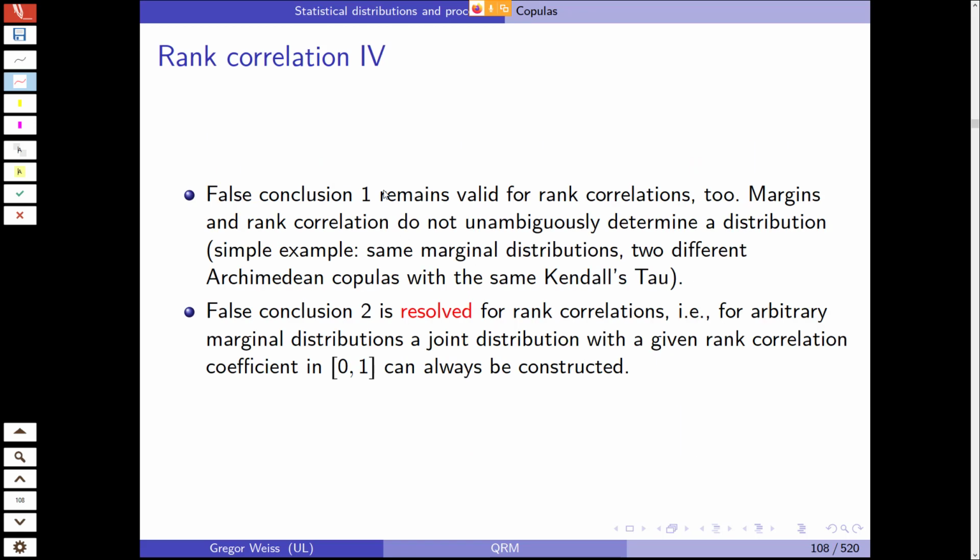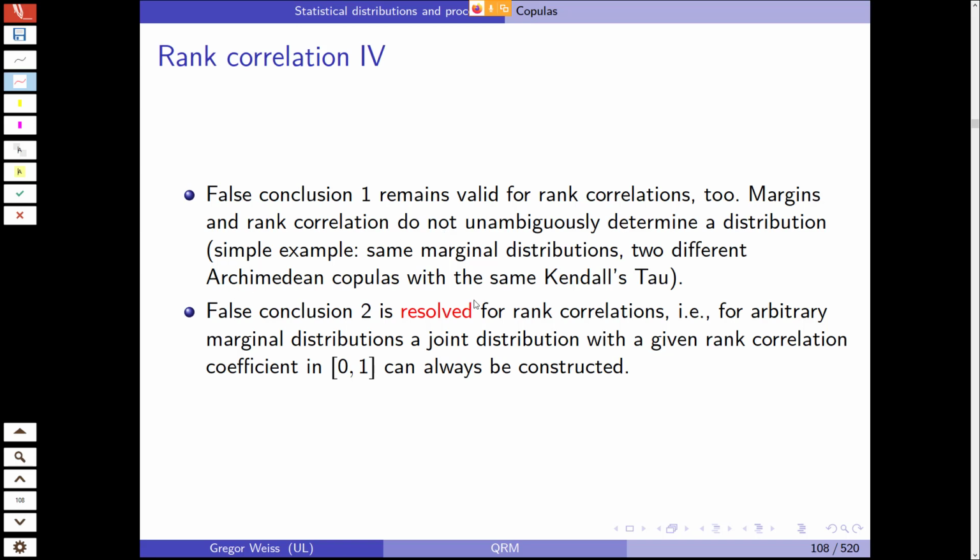Fallacy 1 remains valid for rank correlations too. So margins and rank correlation do not unambiguously determine a distribution. Simple example: we take the same marginal distributions and two different Archimedean copulas with the same Kendall's tau. We get two different joint distributions, but the same Kendall's tau. So it is not sufficient to just know Kendall's tau.